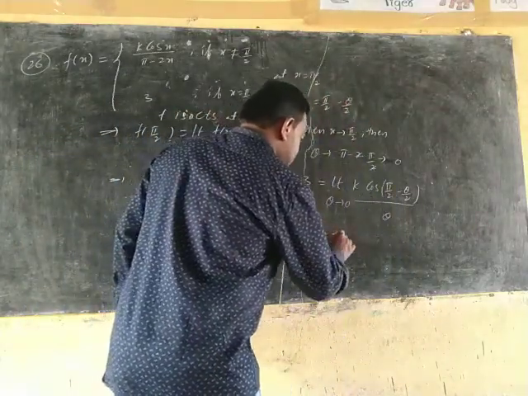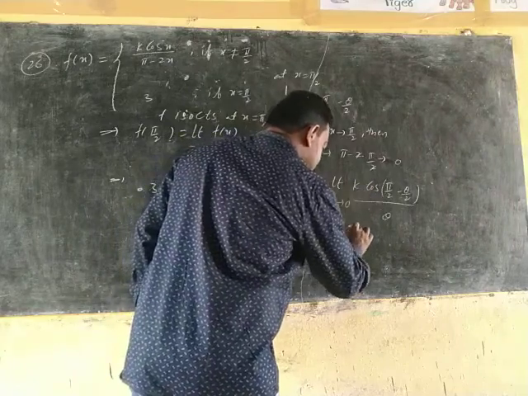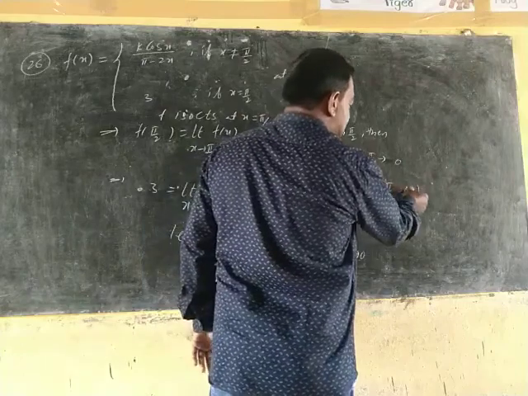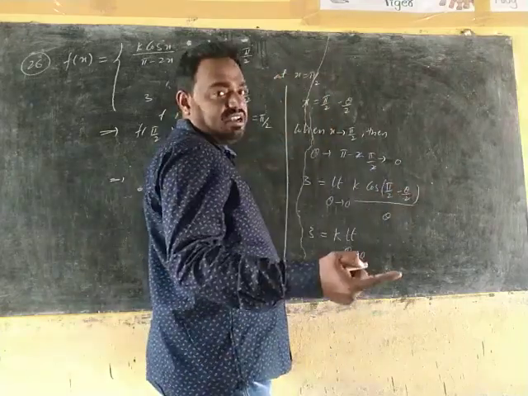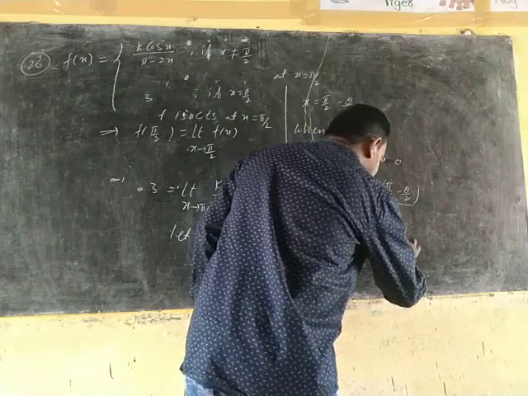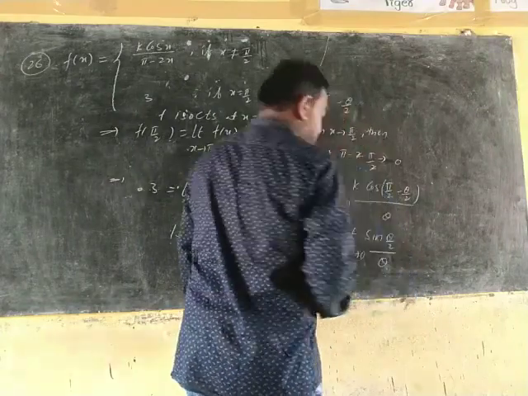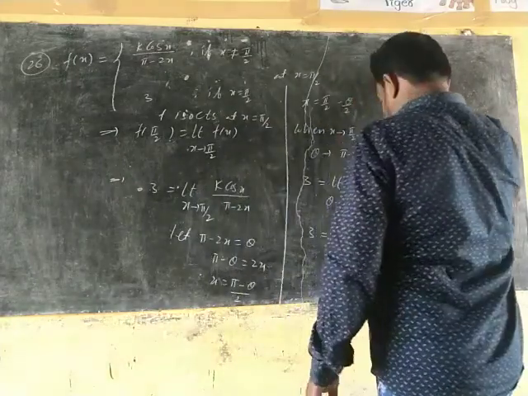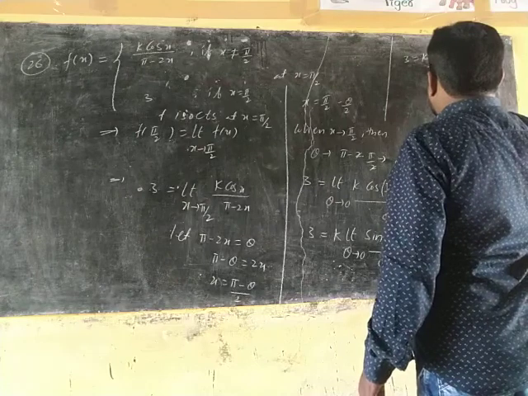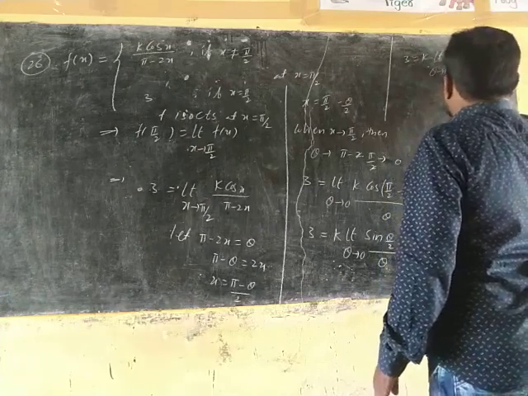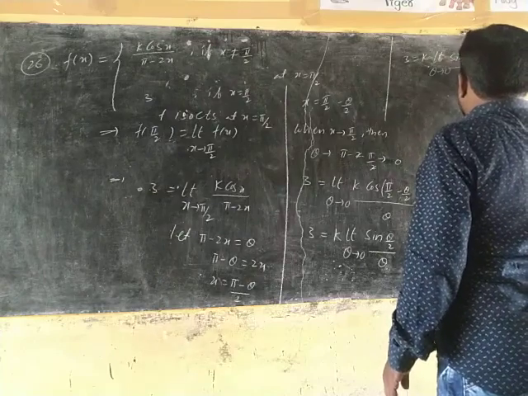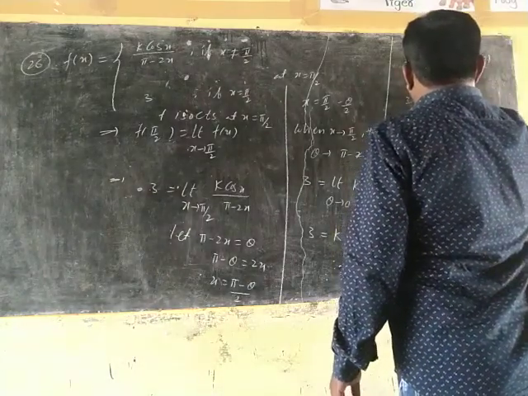This is 3 equals k, a constant, before the limit, limit theta tends to 0 of cos of 90 minus theta by 2, which is sin theta by 2, by theta. So 3 equals k into the limit theta tends to 0 of sin of 1 by 2 into theta by theta.